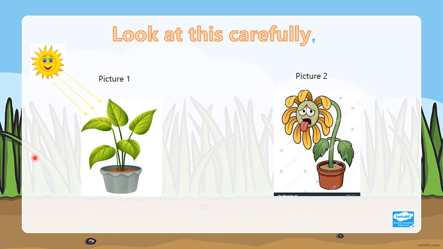The plant which we kept in sunlight grew well. It means a plant needs sunlight to grow. In this picture, you can see sunlight is missing, so it is sad and about to die. It means plants get energy from the sun.